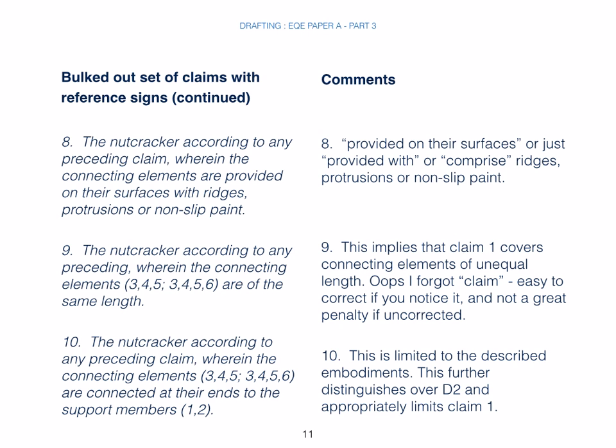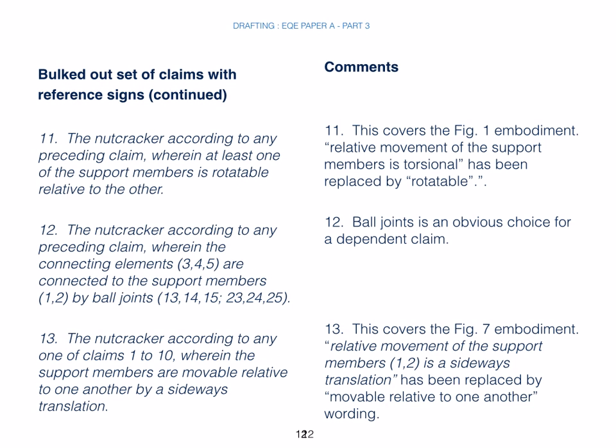Furthermore, the claim distinguishes further over D2, where the connecting elements are not connected at their ends to the support members, and therefore it appropriately limits the protection. That's on Claim 10, and then we'll go over the next page where we'll find Claim 11.